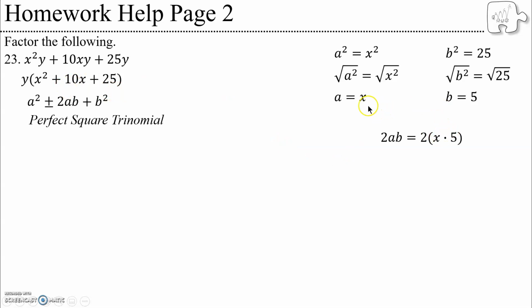We multiply a and b together and double it. X times 5 is 5x, and double 5x is 10x. That's what we have here, so we're good. Our answer is the y on the outside, and then a plus b squared, x plus 5 squared.